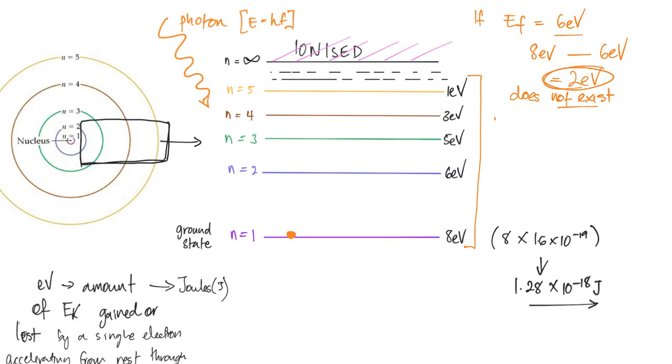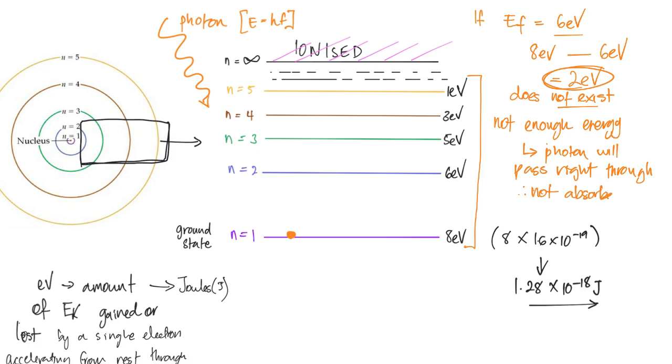If there is not enough energy, that means the light or the photon will pass right through, which means it is not absorbed. So this is the first situation, and that's not going to work for us.